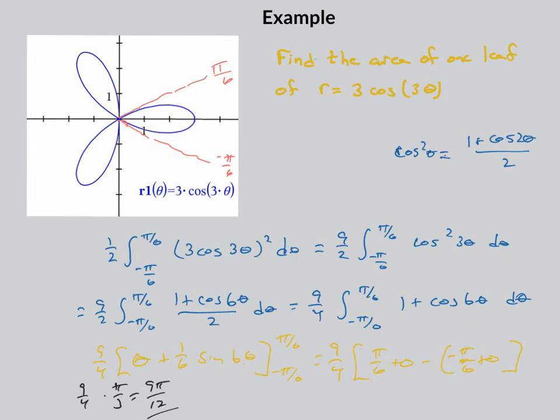I could have also said originally that I know there's symmetry here, so if I found the area from 0 to pi over 6, just that portion, and doubled it, it would also give me the area of one leaf.